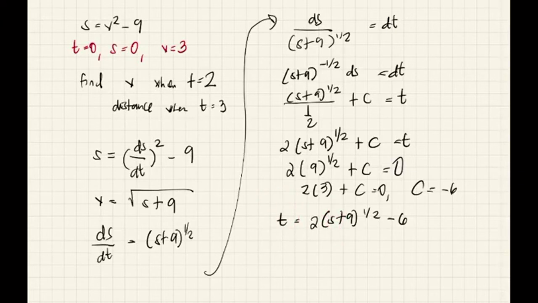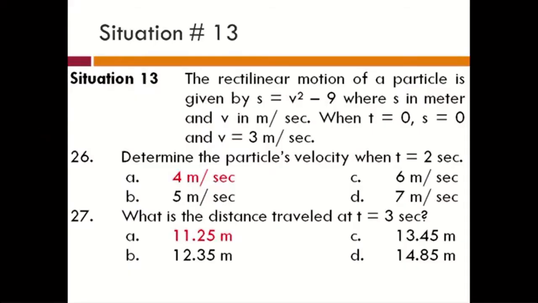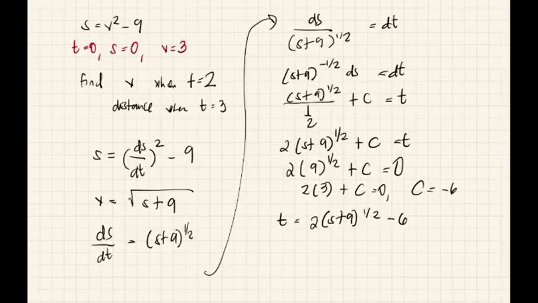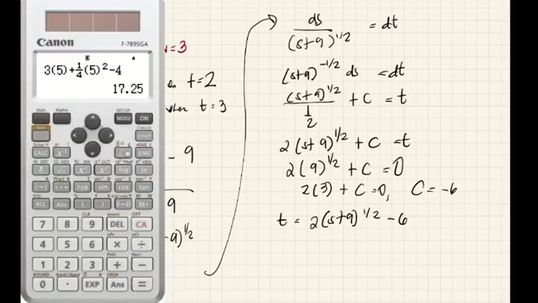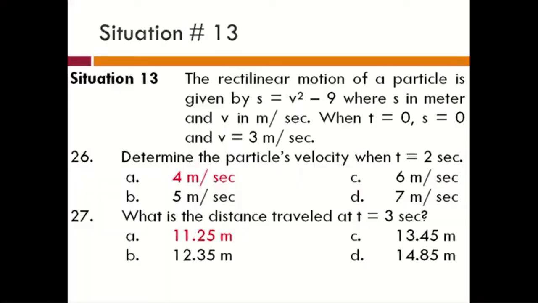Okay, so let's try to use that. Okay, so sabi, find the distance when t equals 3. So substitute natin doon sa equation na nakuha natin and tingnan natin kung mapapalabas natin itong distance traveled, number 27. Okay, so let's use the calculator. S equals, ano yan? Ano yung pinapahanap?